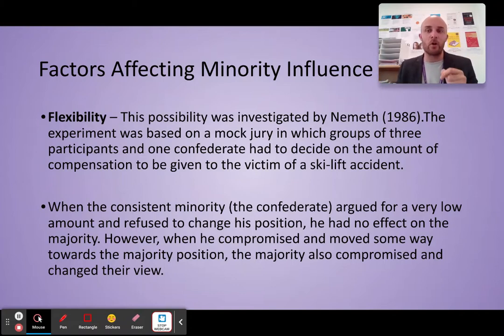So it does show that it can be beneficial to be flexible in your role. So vegans need to accept that some people do eat meat, and they're not necessarily going to convince everybody. Maybe a compromise would be to get off red meat rather than white meat.